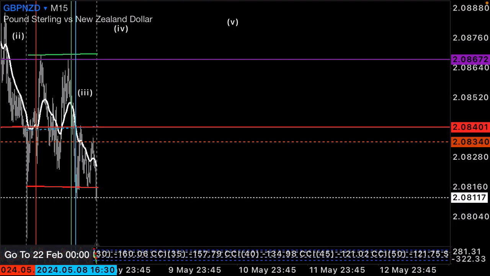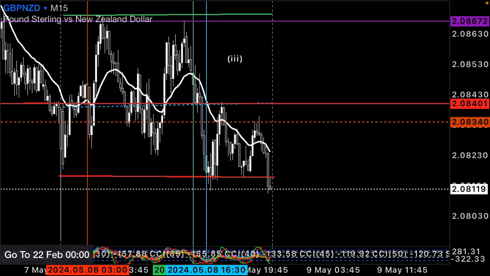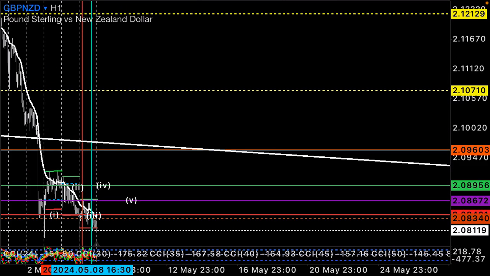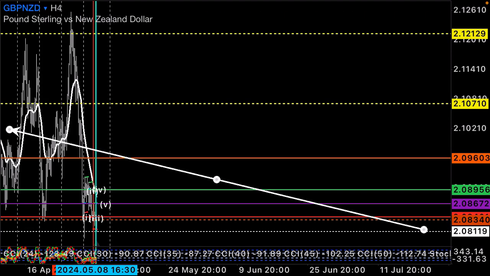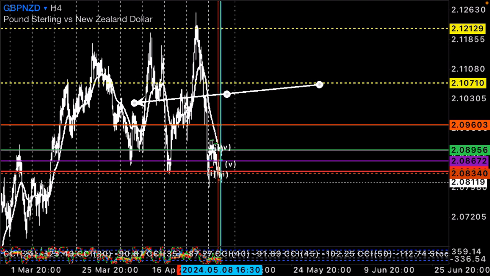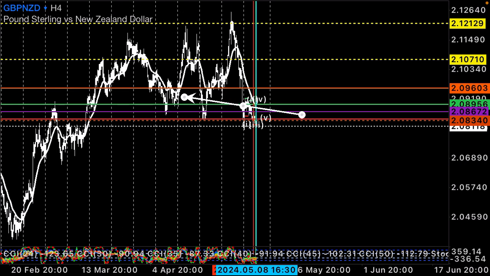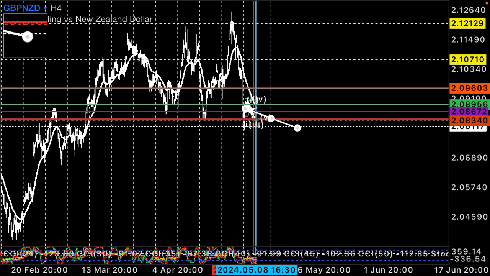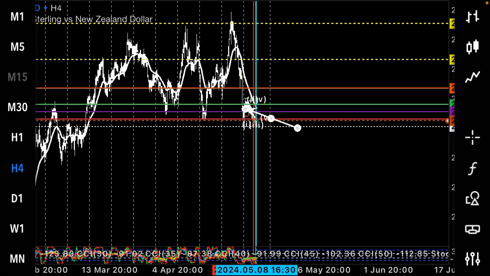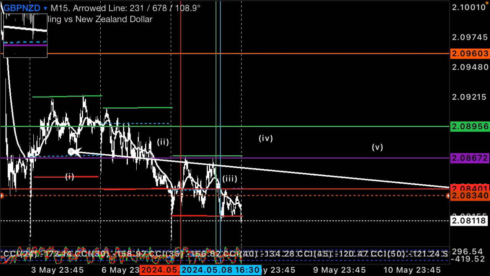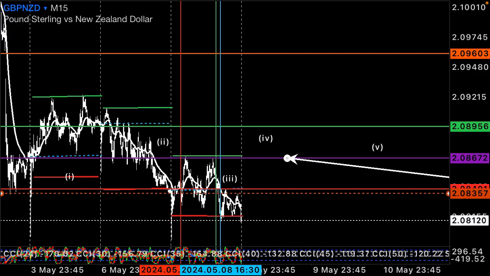Go back to the 15-minute. The hour. Looking for the arrow. There it is. See if it'll show up now. Yeah, there it is. It's a little bit long though. Shorten it up. I just messed up one of the lines.